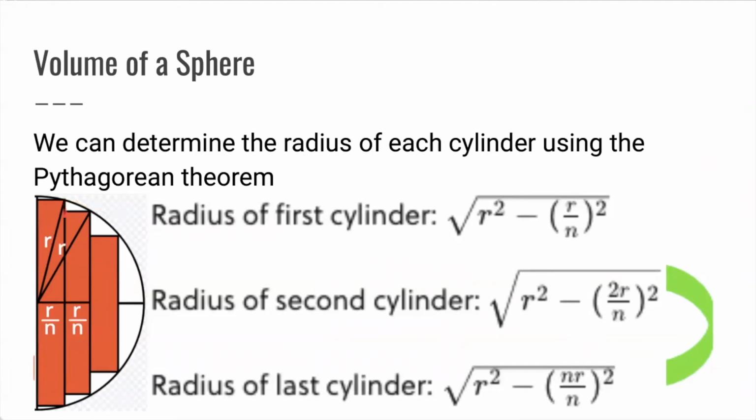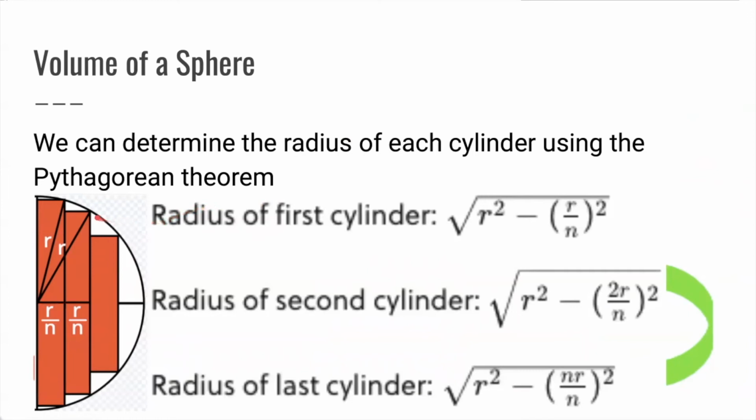The radius of the first cylinder is this distance right over here. So we have a right triangle where the hypotenuse is r and one of the legs is r over n. So we can determine that the radius of the first cylinder is the square root of r squared minus (r over n) squared.